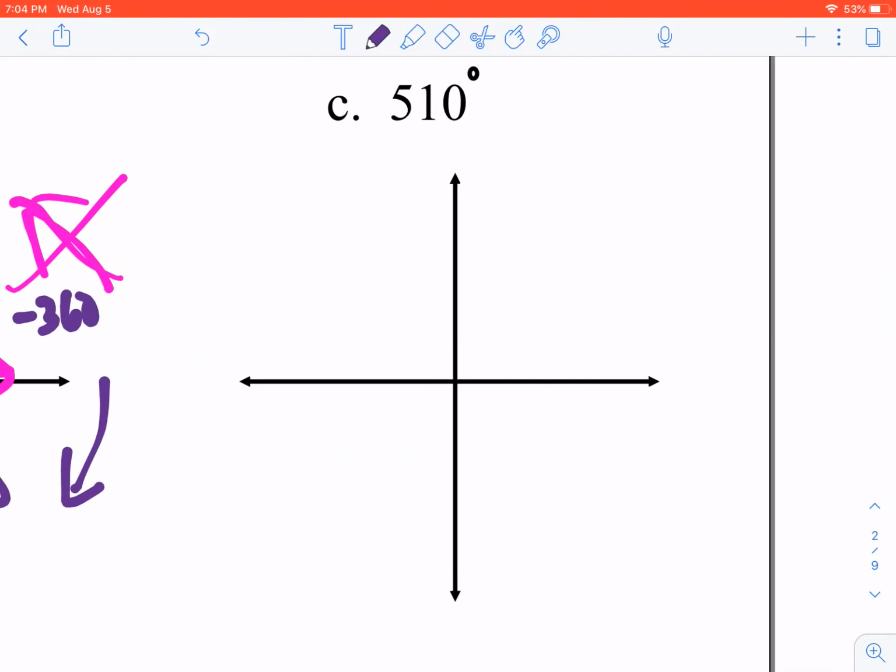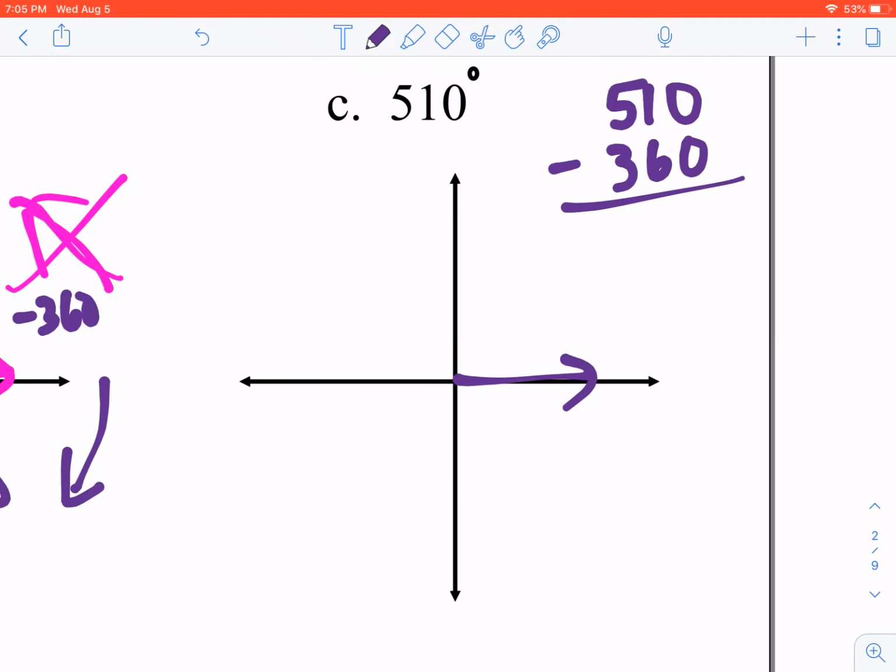Okay, 510. Think about this. An entire revolution is 360 degrees. So I do have my terminal side, but you're going to have to go one revolution and then some. How do you figure that out? Let's subtract 360 from 510. Going old school here. So what I'm really going to graph is a 150-degree angle. This is positive, so I'm going in this direction.